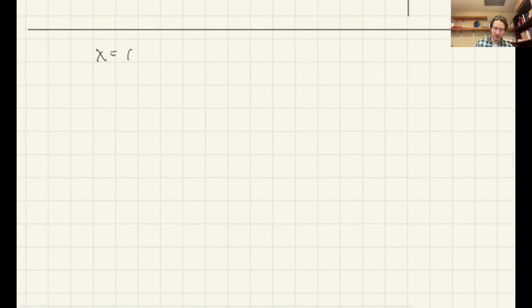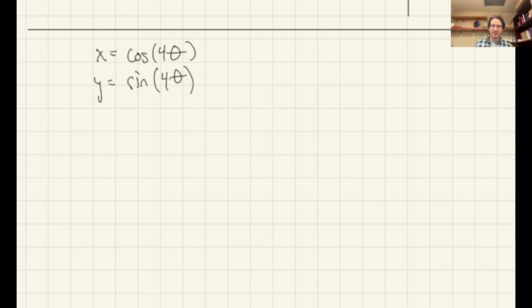So let's look at this example here of x equals cosine of 4 theta. We just saw in Desmos that we should get a circle here. Let's see why. I'm going to remember that cosine squared of anything plus sine squared of anything equals 1.